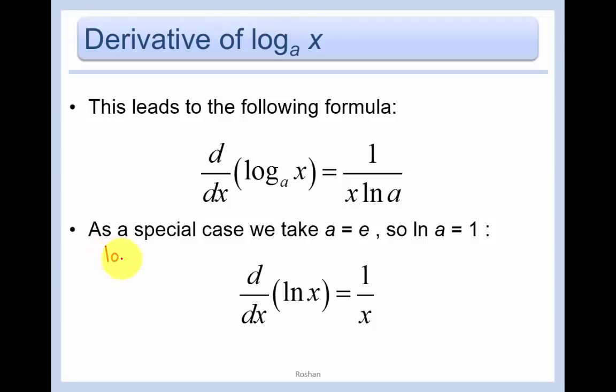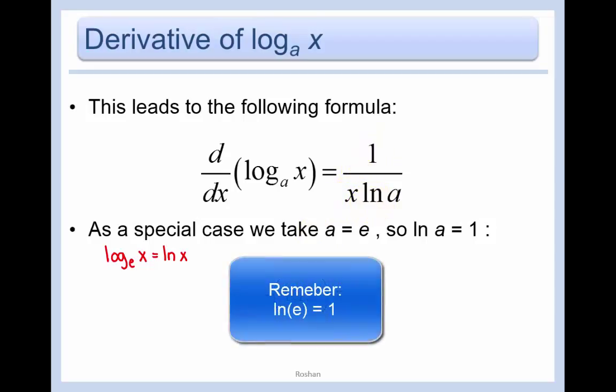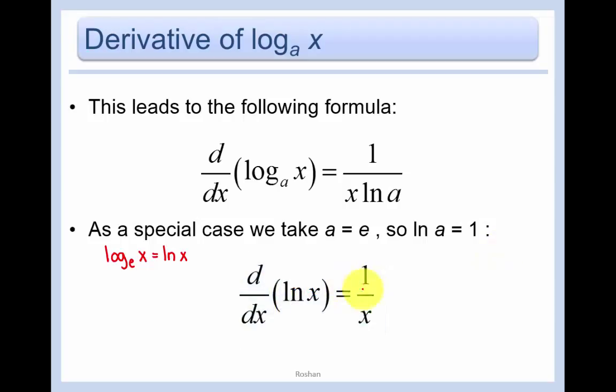And we know that log base e of x is just the natural logarithm, or ln. Log base e of x we can replace with ln x, so the derivative equals 1 over x ln e. And we know that ln e is just 1. So we have 1 over x. And this right here is a really important one that we're going to be using a lot this year.